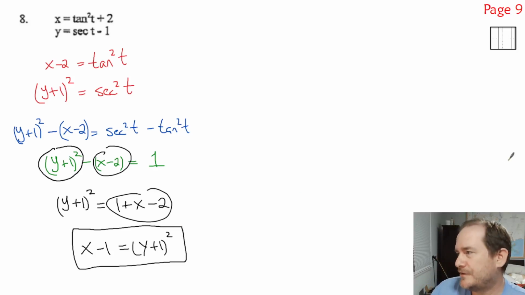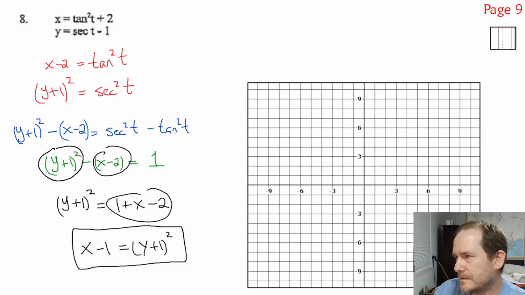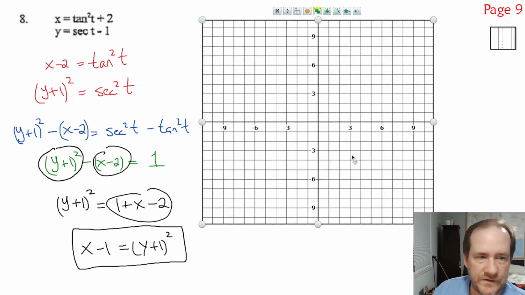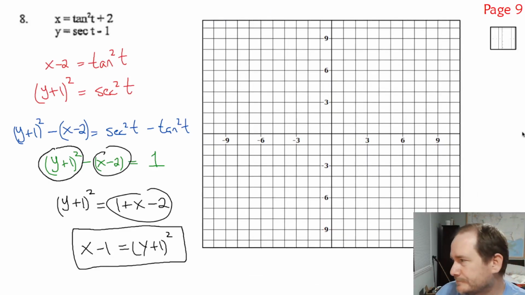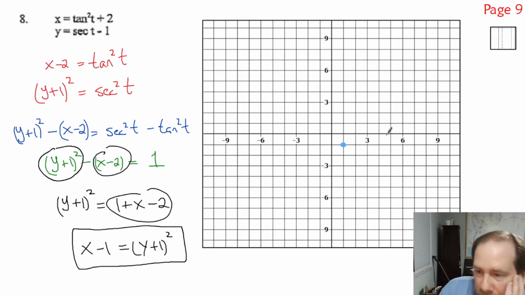And if you had to sketch its graph, you would know that the vertex is positive 1, negative 1. Which is right there. And then what else would you know?